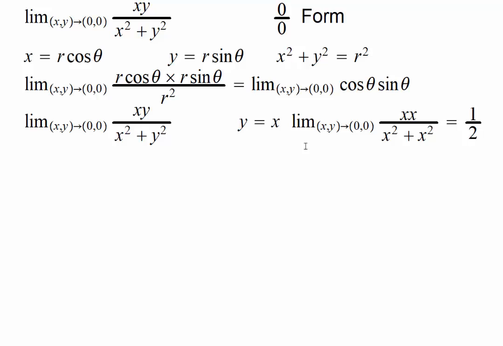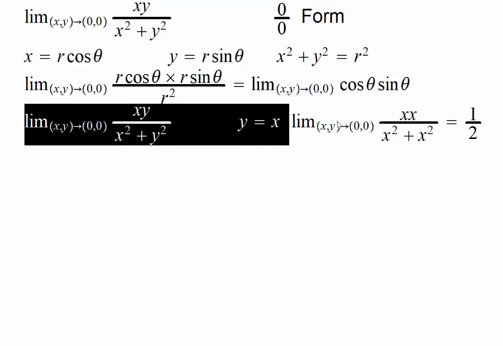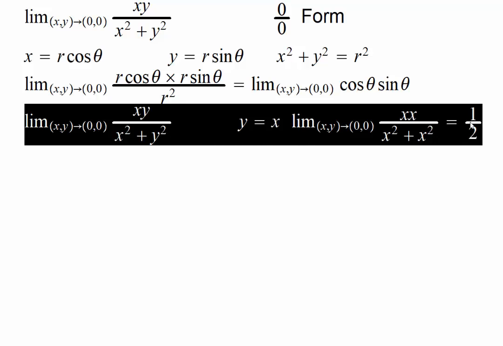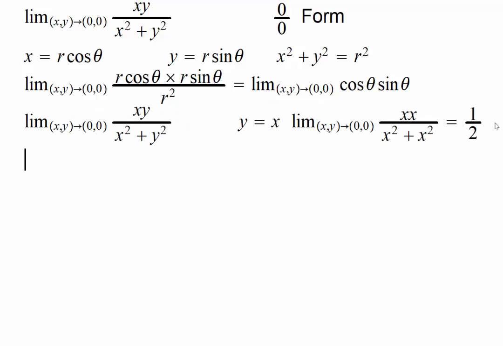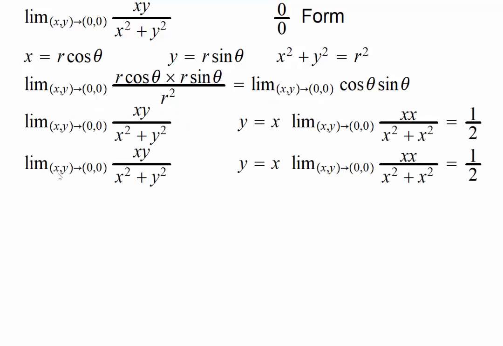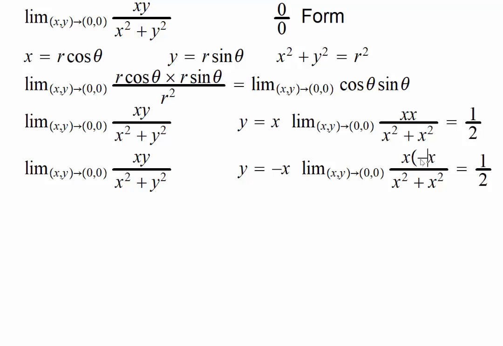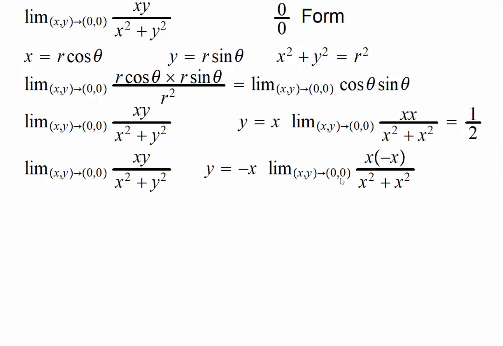And on the other hand, we can just keep playing with this in different manners. So say we go via negative x. So this becomes negative x here, and negative x squared will again be positive x squared. So this quantity is going to be negative 1/2.